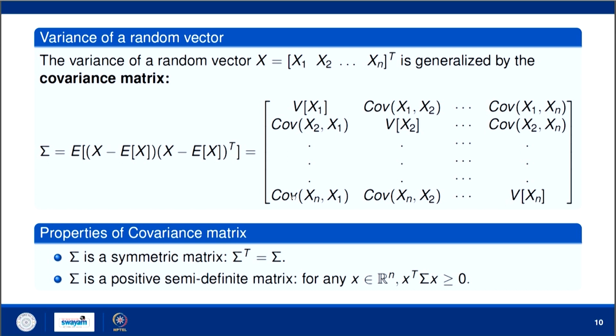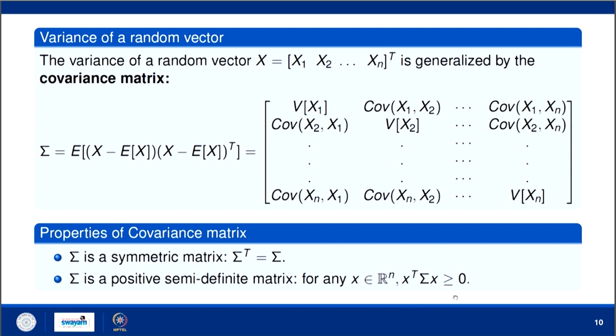And we have very important properties of this covariance matrix. First of all, it is symmetric. That is clearly seen from the matrix itself, because this matrix is equal to its transpose. And number 2, it is always positive semi definite. Why we say it is positive semi definite is easy to prove.